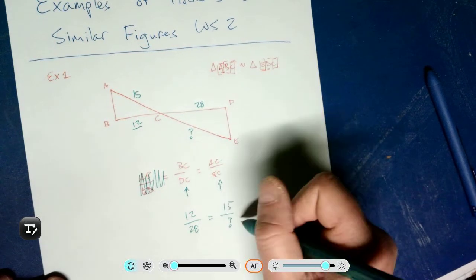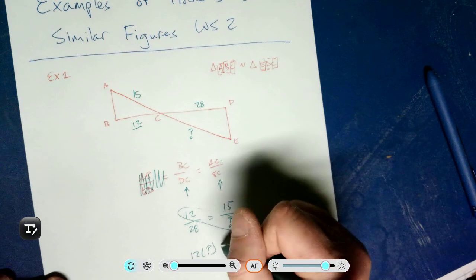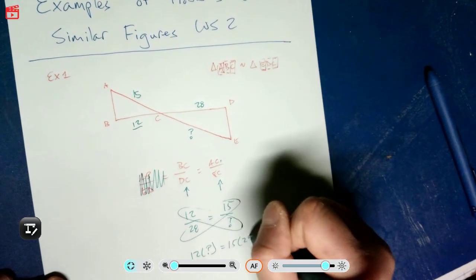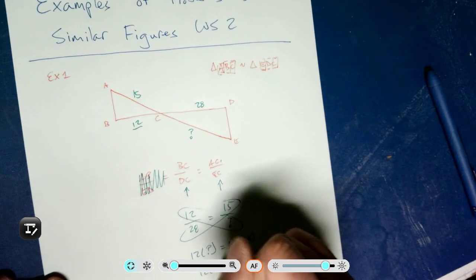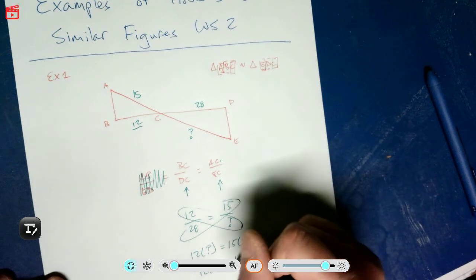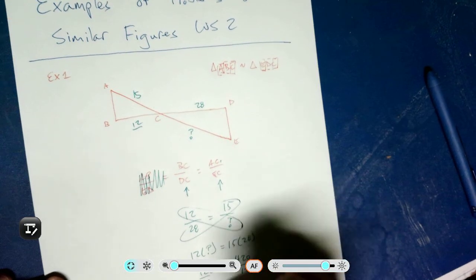So I'm going to cross multiply. 12 times the unknown amount will equal the product of 15 and 28. 12 times the unknown will equal 420. Divide both sides by 12.